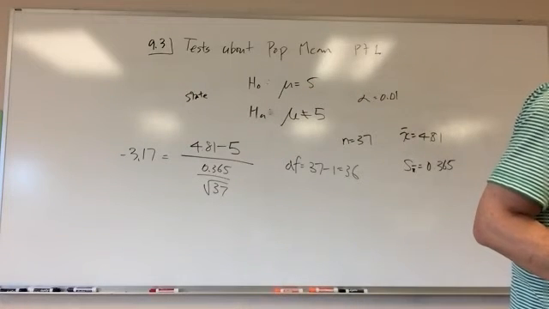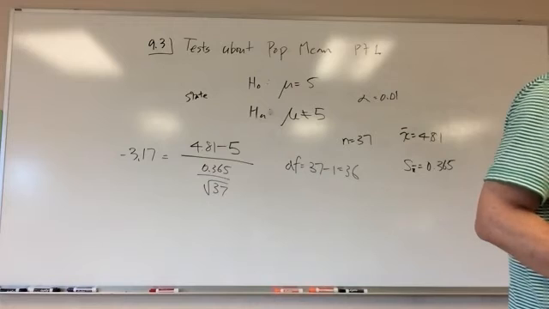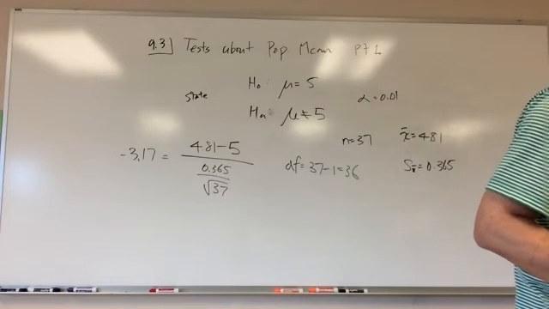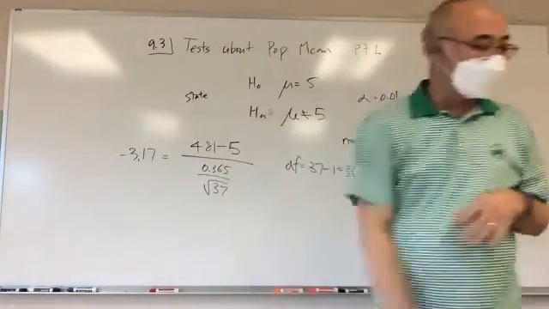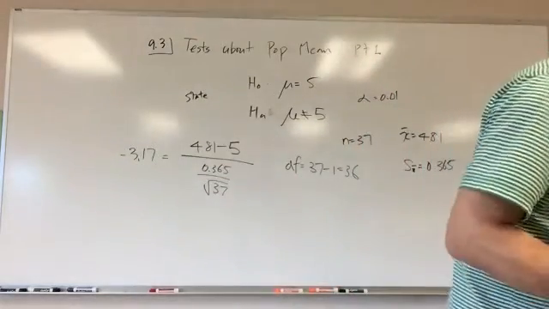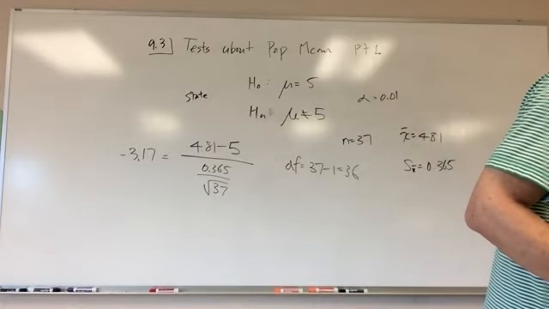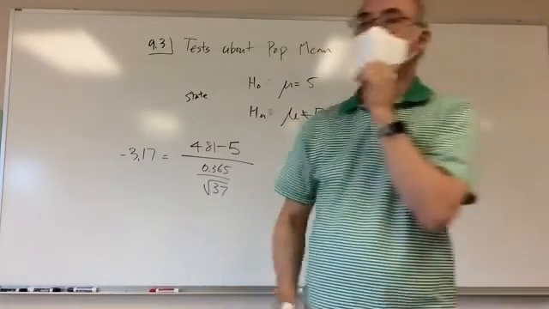You don't know exactly what the number is, because there's not a number called 3.17, but you do know it is in between 0.0025 and 0.001.